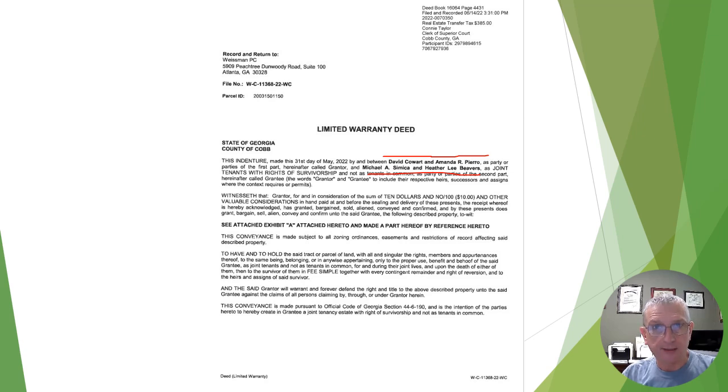You could take that deed book, which was referenced 16064, page 4431, go over to GSCCCCA, go search by book and page, enter that book and page, and this same image will pop up. This was taken from the Cobb Clerk page. This is the first page of the subject property's deed.